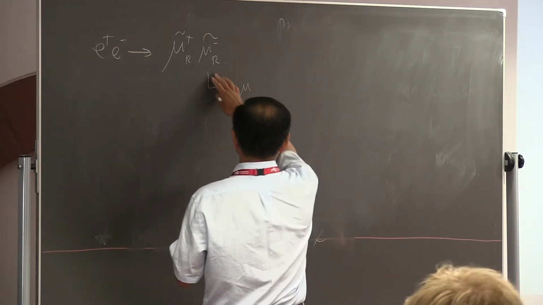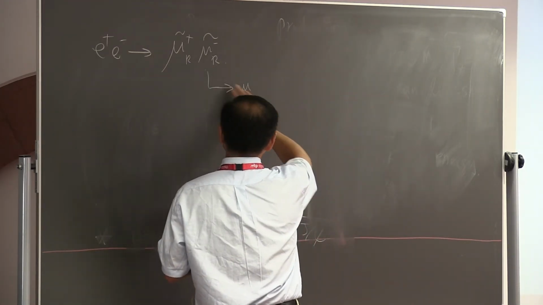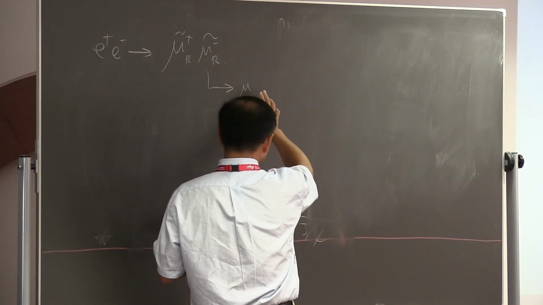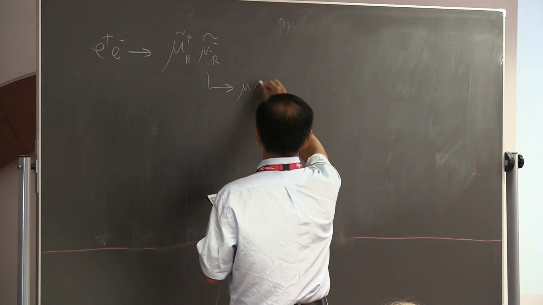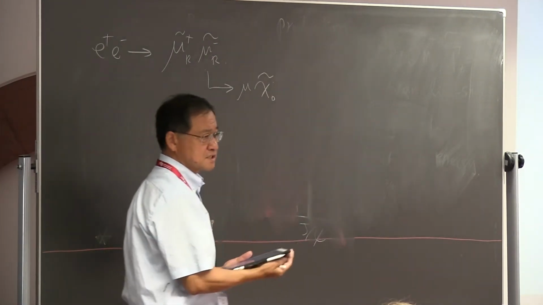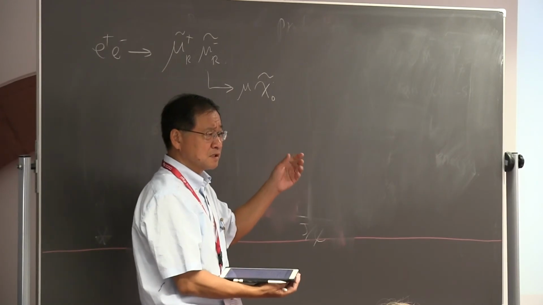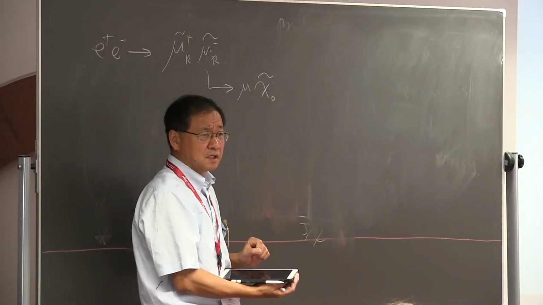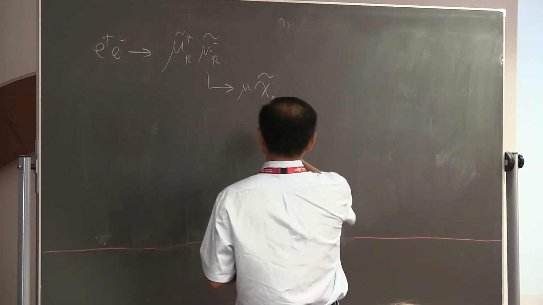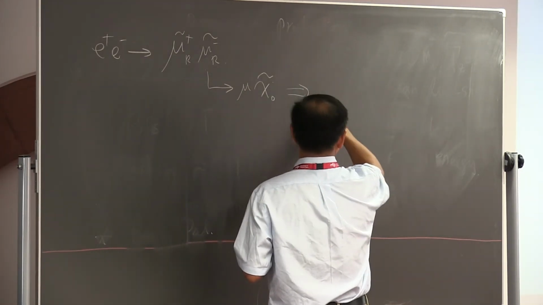Typically, this is almost like a Z and a Z partner, or maybe a photon and photon partner. In general, this is called a neutralino, a neutral particle partner. It's a photino, Z partner, mixed according to the interaction mixing. So that's one. In that case, this is the two-body kinematics we love.